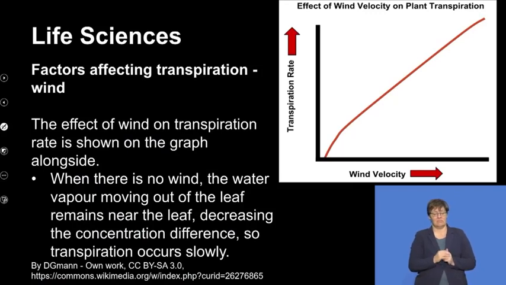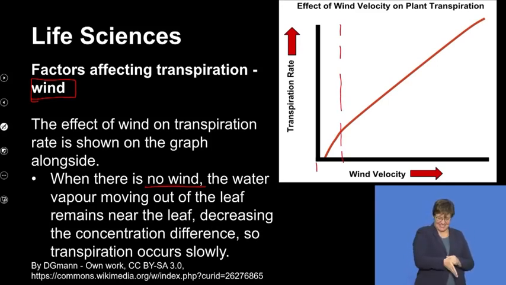We're now looking at wind, and we're starting off with no wind. Okay, and that's right here. When the wind velocity is low, in other words, there's no wind or there's very little wind, what's your transpiration like?